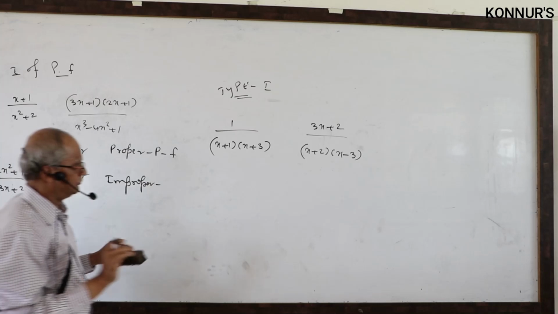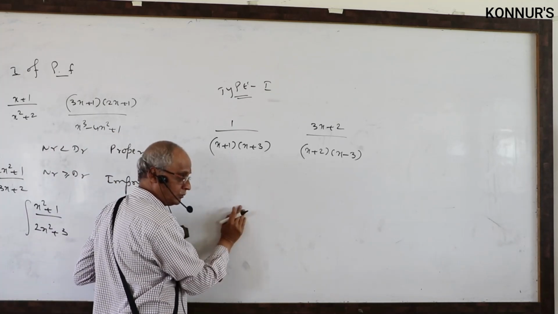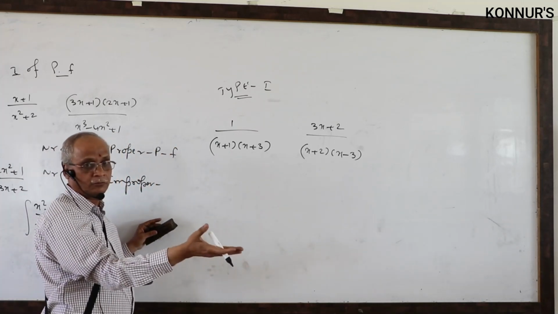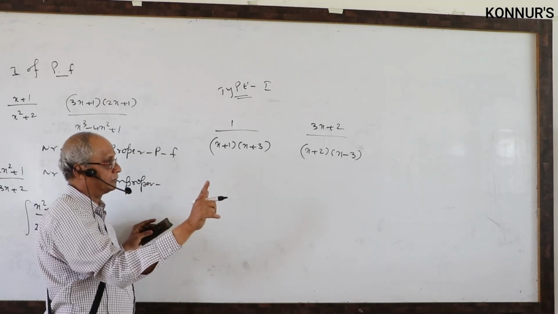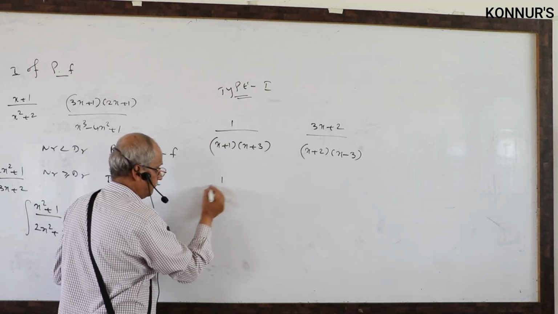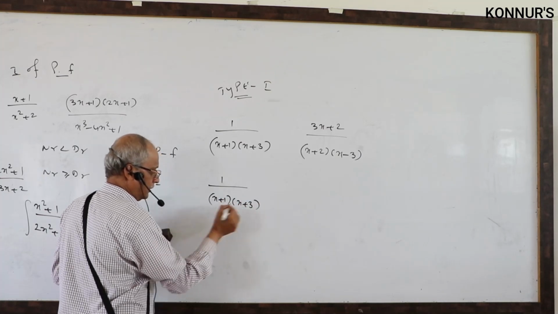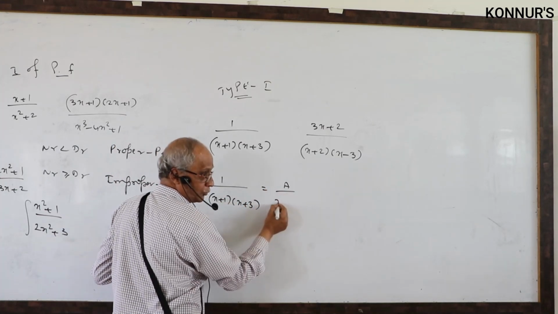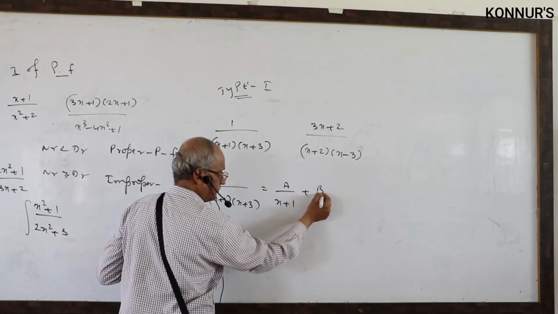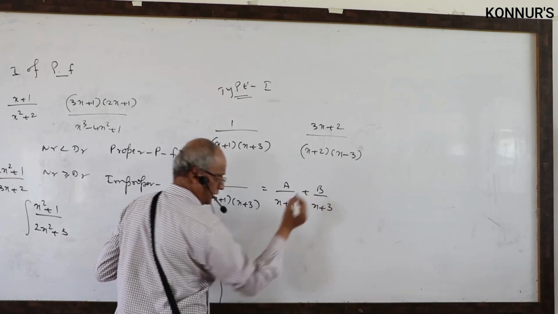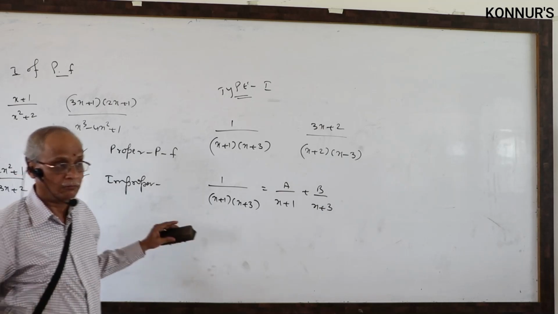First, how to find partial fractions I will tell you. Integration is nothing, one answer, one line. Here, 1 by x plus 1. Don't compare this solution with the PUC method. I am not at all doing the PUC method only.